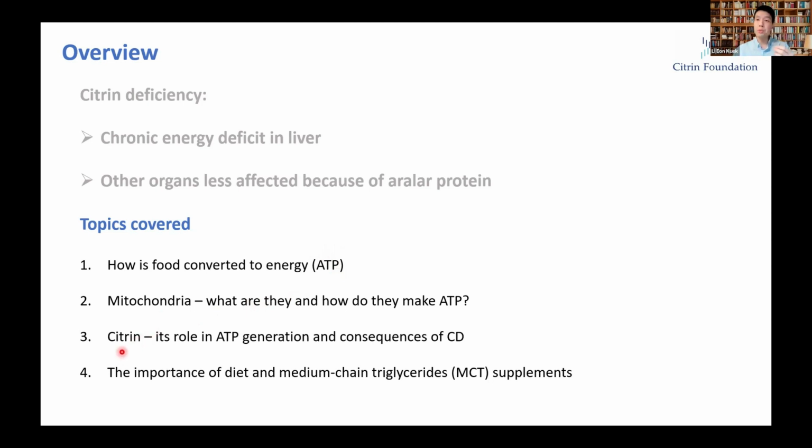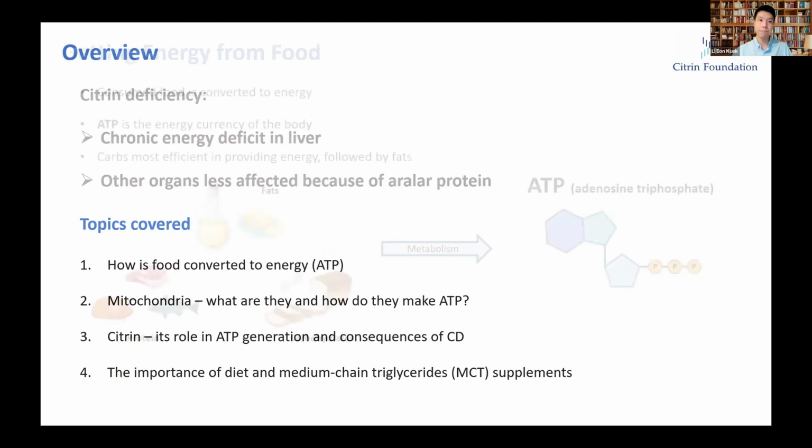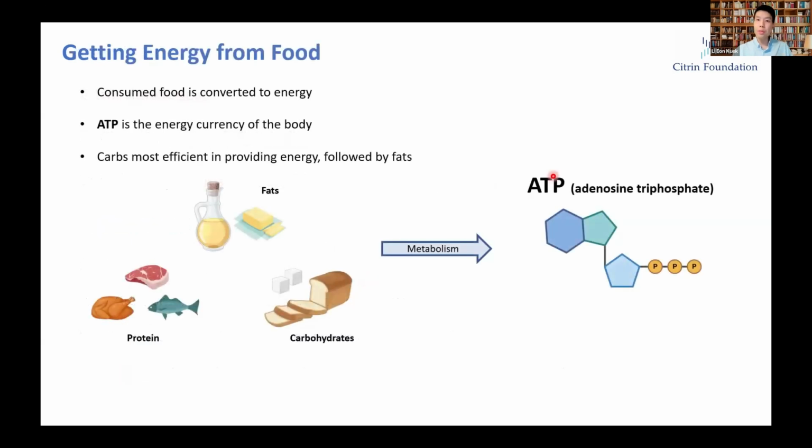And then go on to explain the role of citrin in energy production and what happens when citrin isn't functioning well. And lastly, telling you the importance of diet in citrin deficiency and why MCT, medium chain triglycerides, are particularly effective in citrin deficiency.